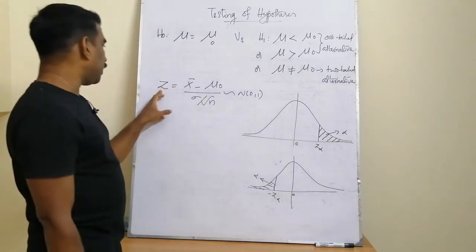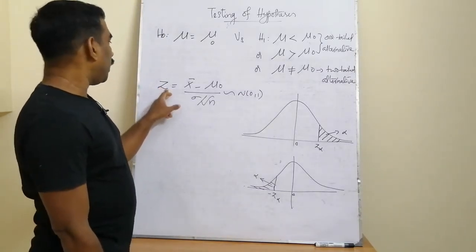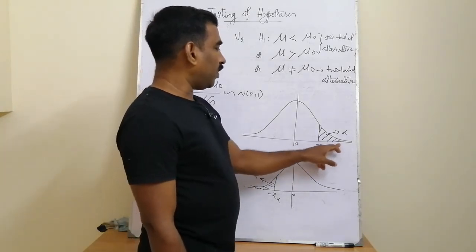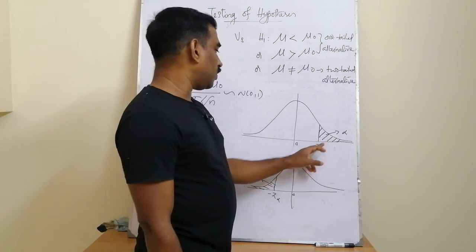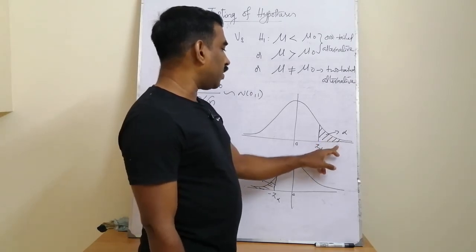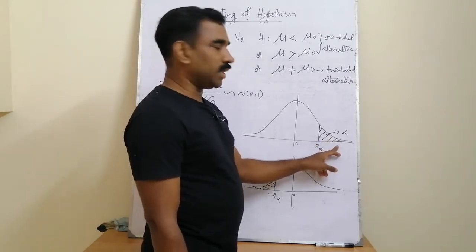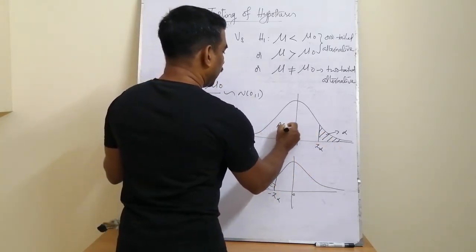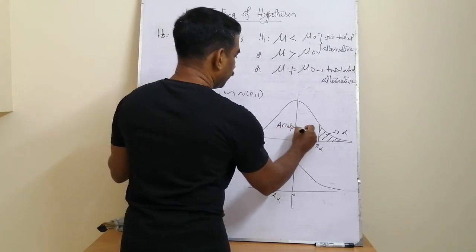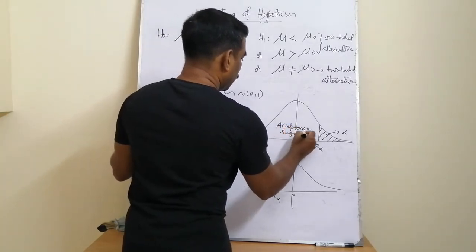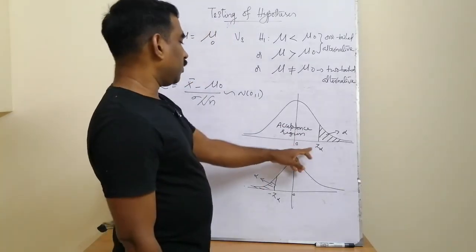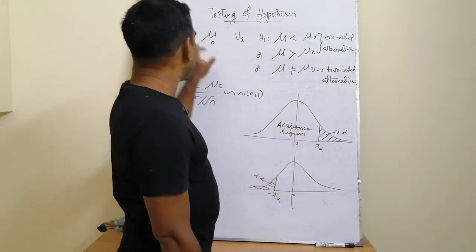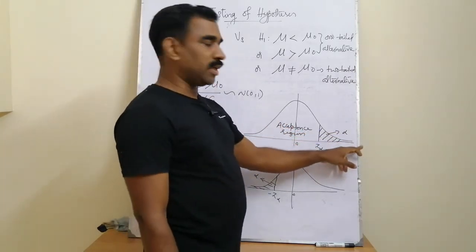Whenever this computed value, this is called the test statistic value, whenever this computed value of z is greater than this fixed number z alpha, we will reject the null hypothesis. So the numbers z greater than z alpha are called numbers lying in the rejection region, and this complement region is called the acceptance region.